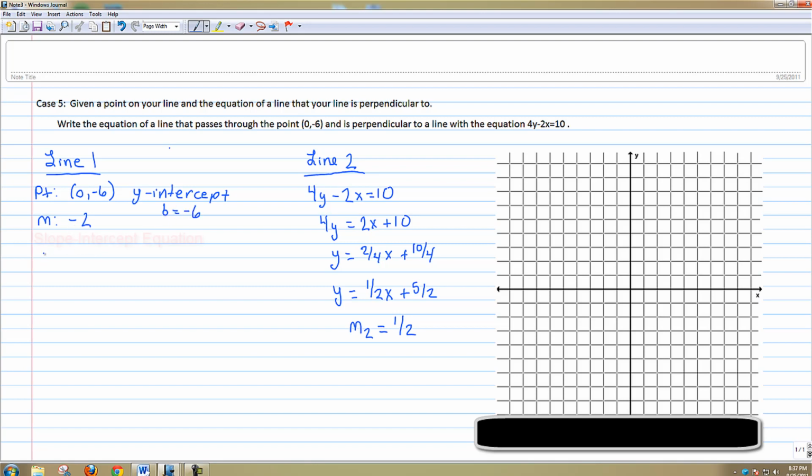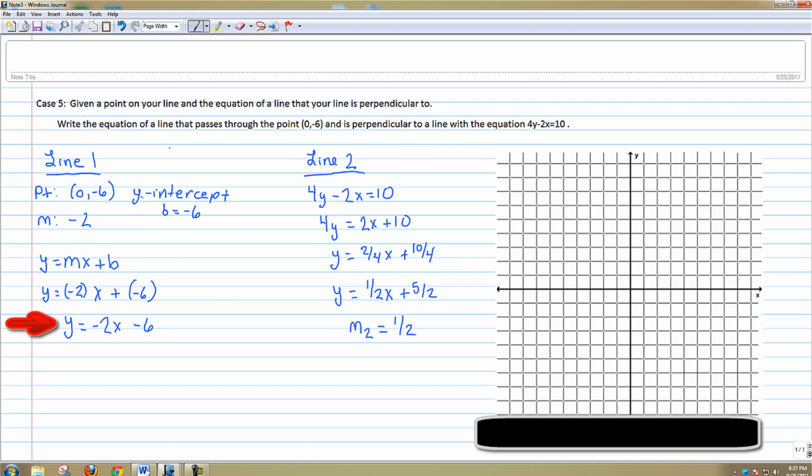So I have my m and my b, so it makes sense to use slope-intercept form to write the equation of my line. So I'm going to substitute in for m and for b. My m is -2, and my b is -6. So if I rewrite this, I get y equals -2x minus 6. So this is my equation of my line.